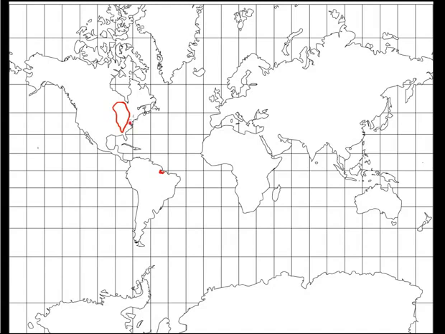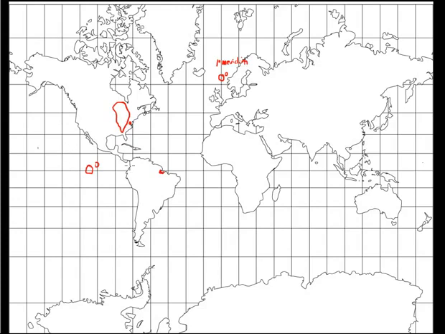There we are again. Here is the prime meridian, which is 0 degrees. Here's the equator, which is 0 degrees, and we have 1, 2, 3, 4, 5, 6 lines going up. There's probably 7, so these are probably 15 degrees.